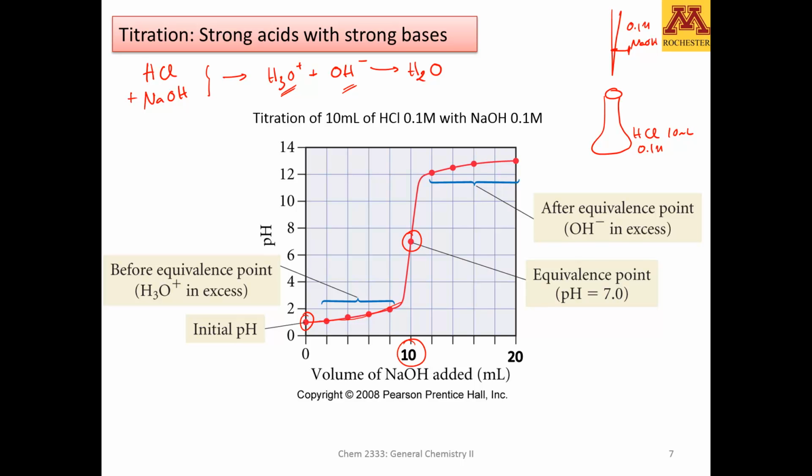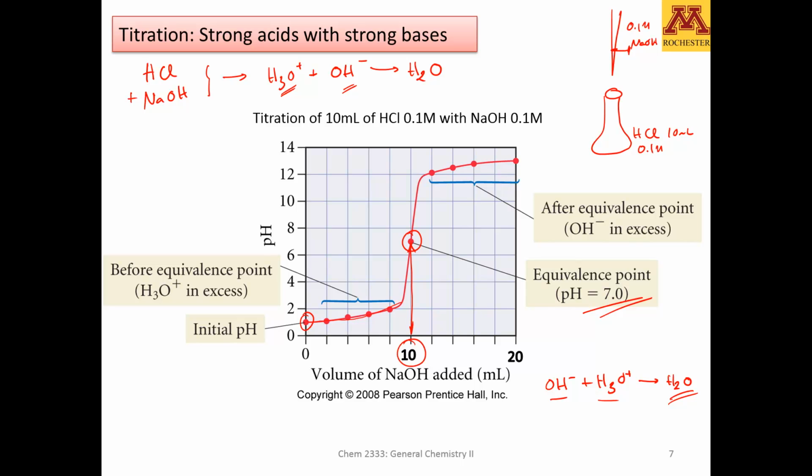At the point when you have added as much OH as hydronium, this is called the equivalence point. The equivalence point when you have strong acids and strong bases is always 7 because the product is just pure water. This will change when we have weak acids and weak bases, but when you have strong acids and strong bases, the so-called equivalence point, when you have added the stoichiometric amounts of both reactants, the pH will be 7.